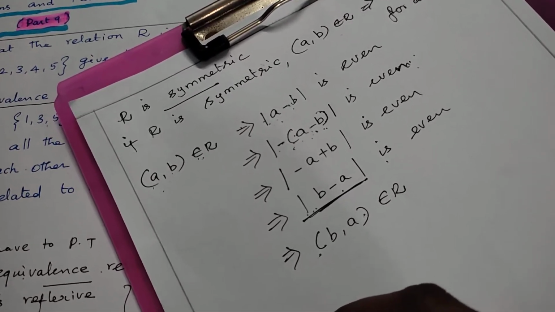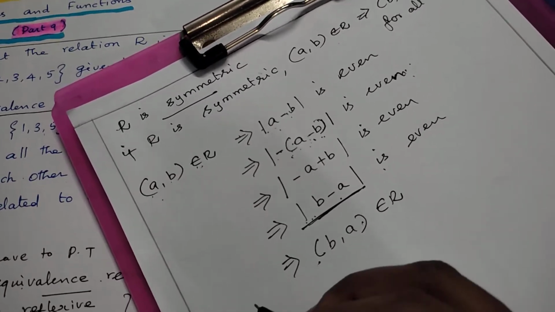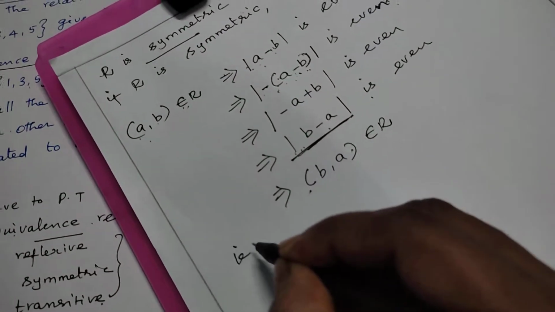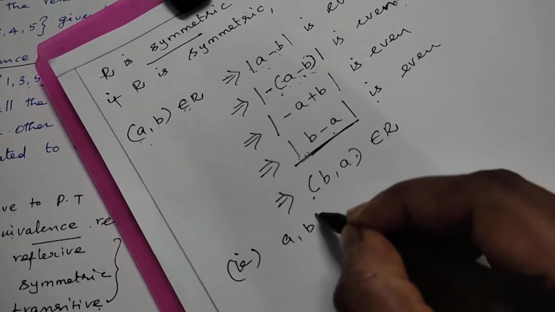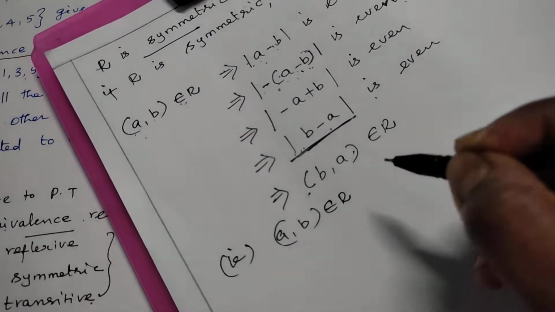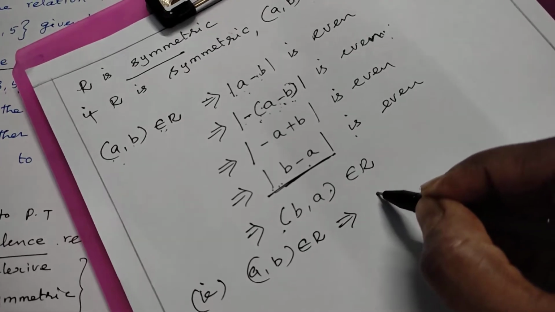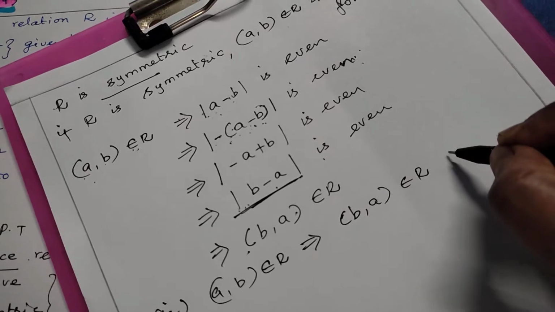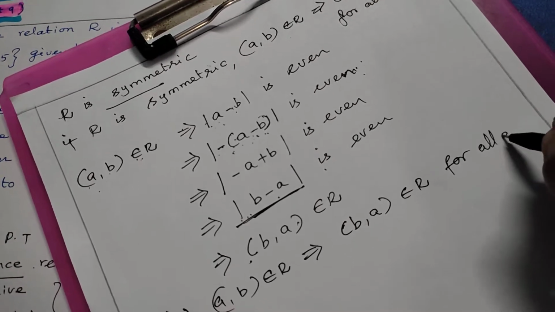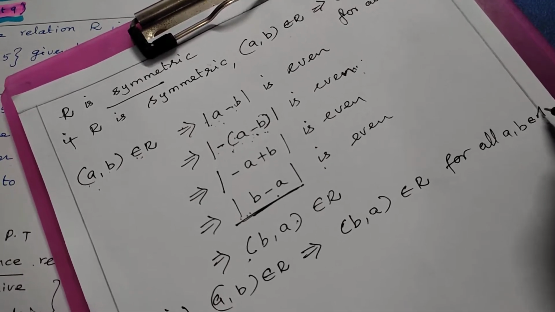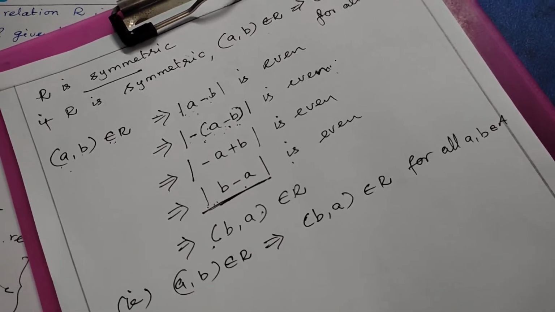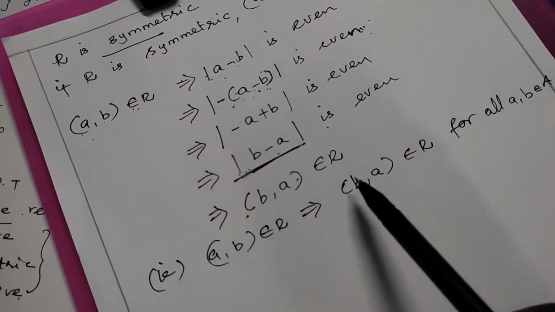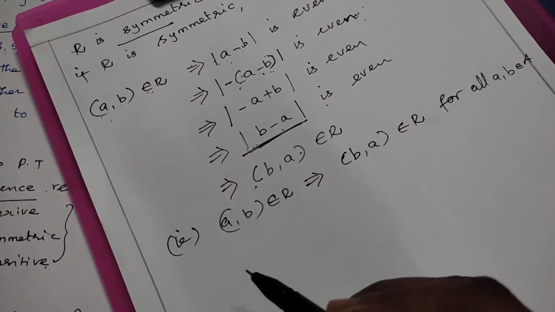What we have proved here is that A comma B belongs to R implies B comma A belongs to R for all A comma B belongs to the given set A. We know that this is the symmetric condition.